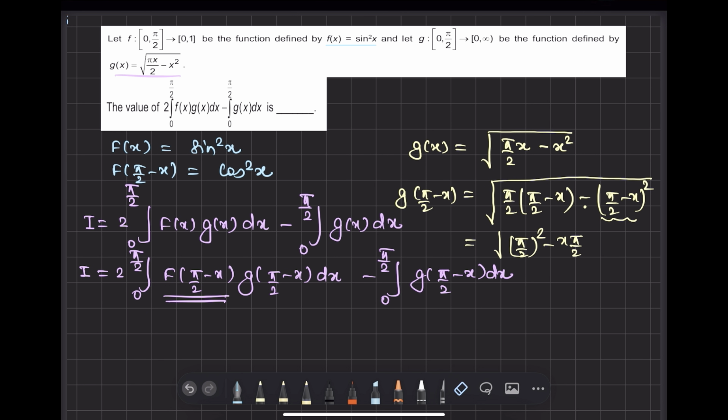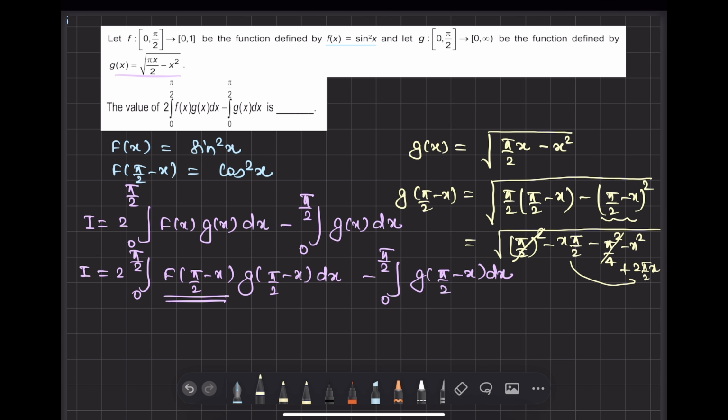The minus will change the sign. So minus pi square by 4 minus x square, and then plus 2 pi by 2 x, and then you will have root over everything. So this thing and this thing will be neutralized.